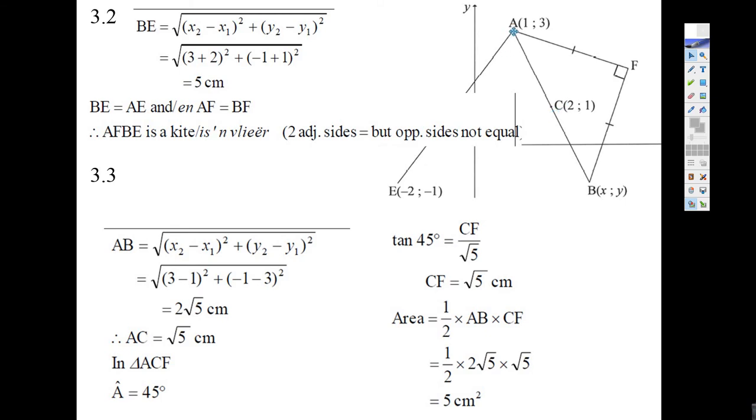Well, now we've got it. 1/2 times 2 root 5 times the height of root 5 right here. Multiply those together. 1/2 times 2 is just 1, and root 5 times root 5 is 5. The area of that triangle must be 5 square centimeters. Now you might find some other way to do this. Maybe I'm thinking about some other possibility, but this is one way to do it. So I hope that helped. Okay.